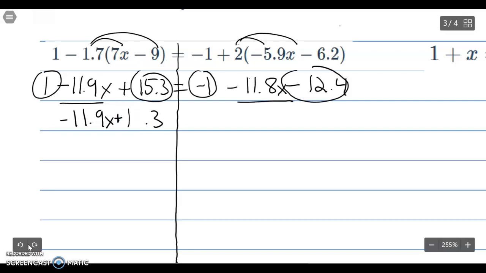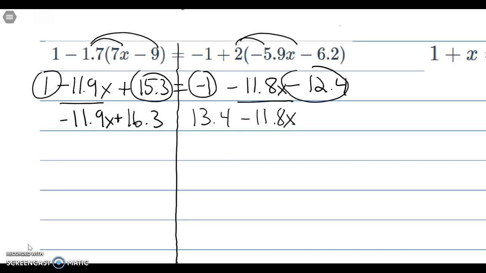A little space there, 16.3. All right, here I'm combining the circles, the constants here. We're going to add those together, and that's going to get us 13.4. And we'll bring down this negative 11.8x.